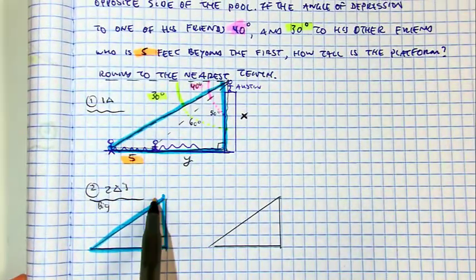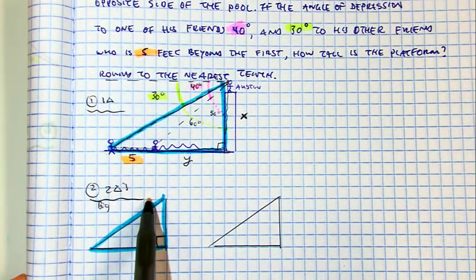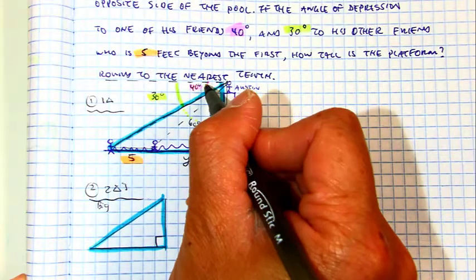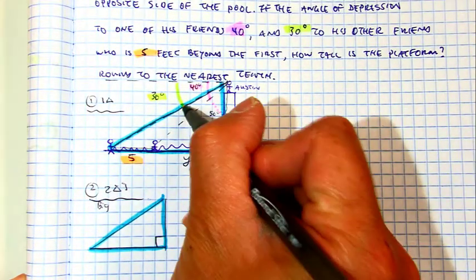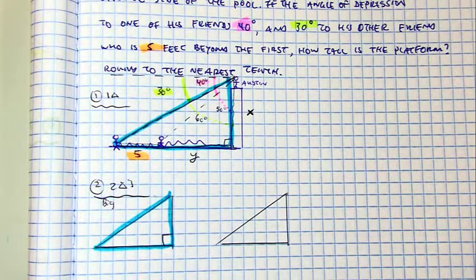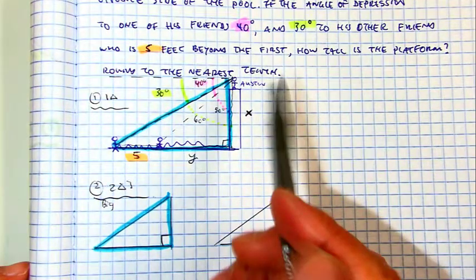Remember, 40 degrees would be here. Oh, it would be 50, right? Does that make sense? So you're doing from here. That yellow should go all the way down to there. No. Look where my blue is. Do you see where the blue is?